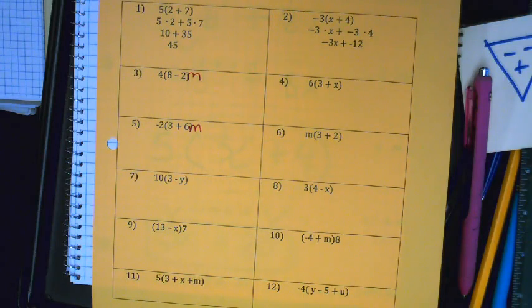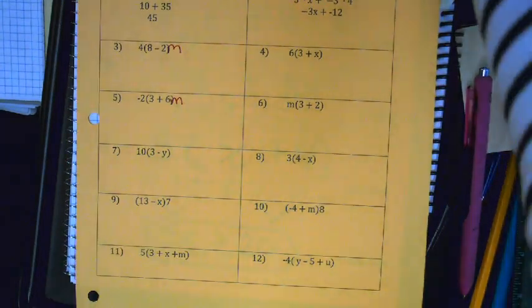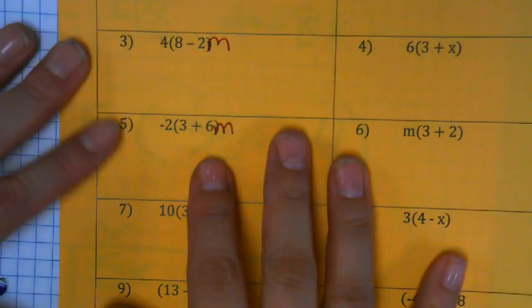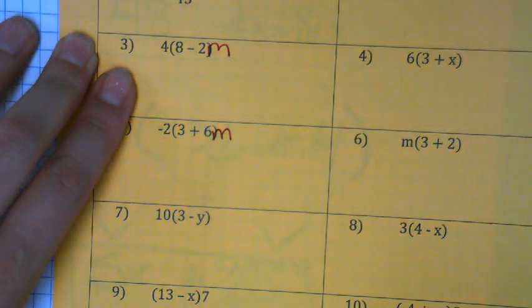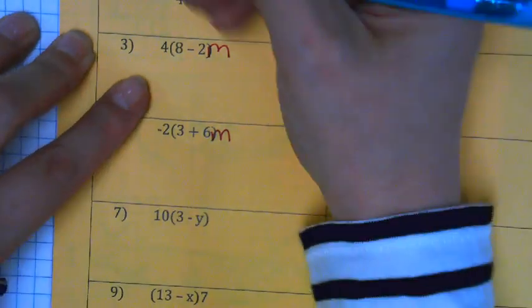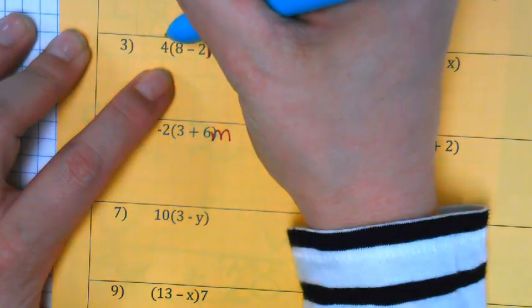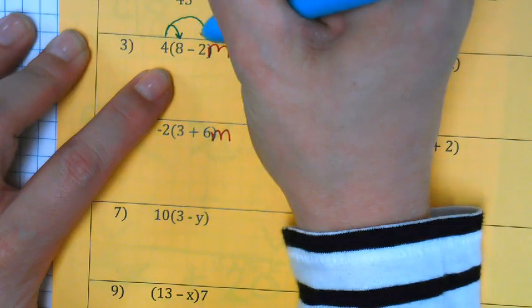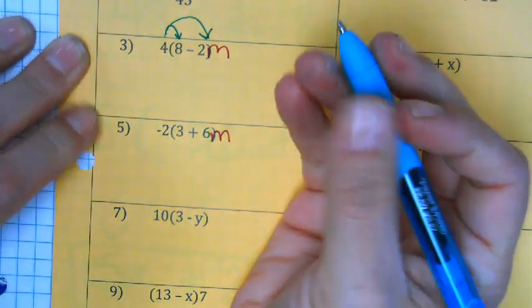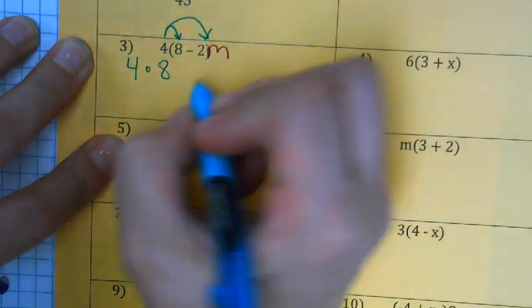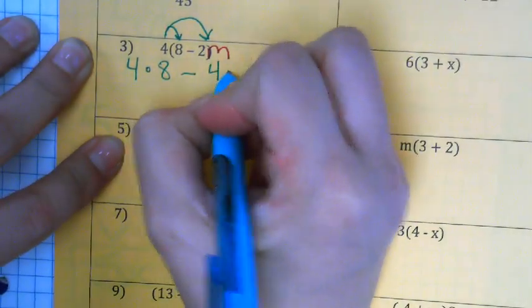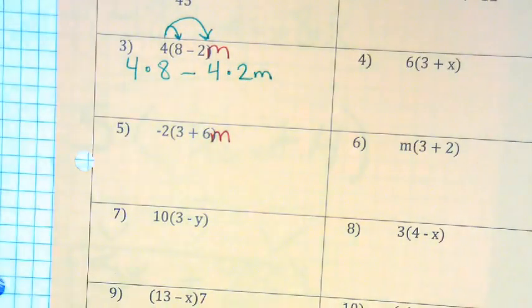I already did number 1. Number 1 and number 2 are done for you. So let's do number 3 together, the one I had you add the M to. All right. So you're going to take the 4 and give it to what? The 8 and the 2M, because we just added the M, right? So it would be 4 times 8 minus 4 times 2M. Very good.